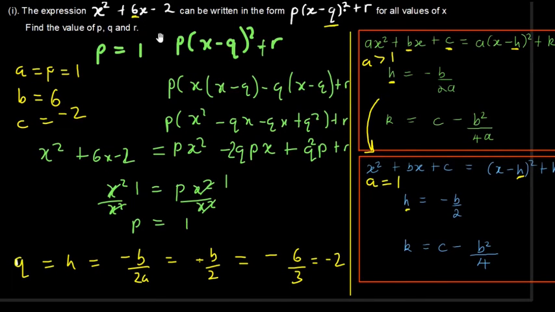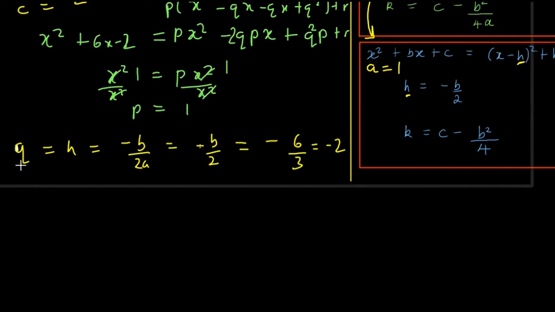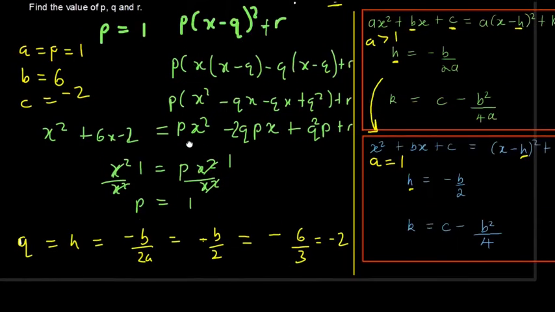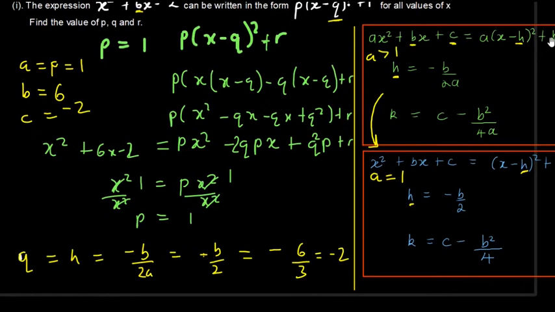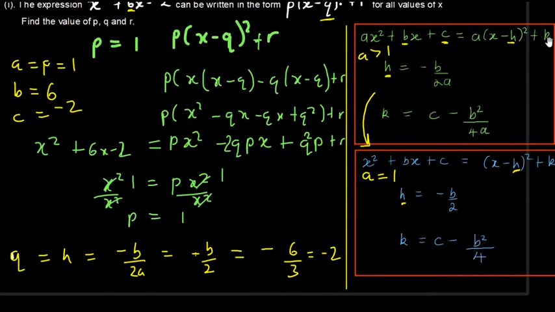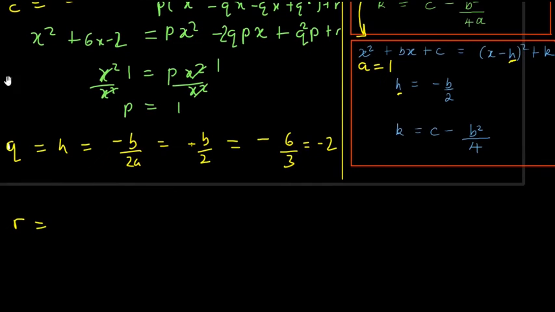Now we need to find r. R is the same as k, where k is c minus b squared over 4a, or 4, because we know our a is 1.